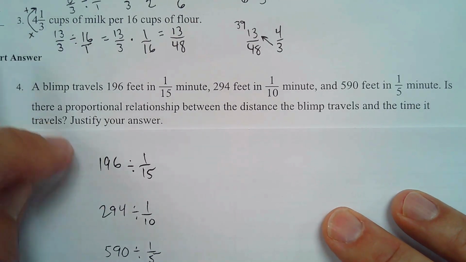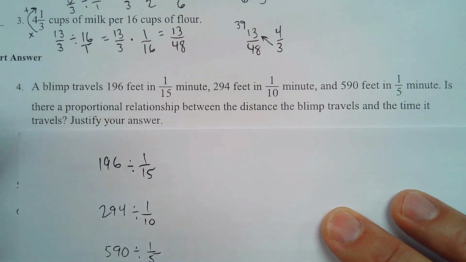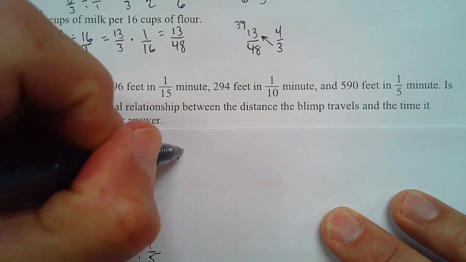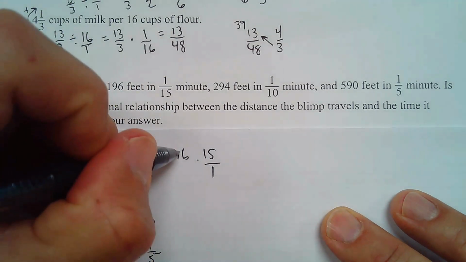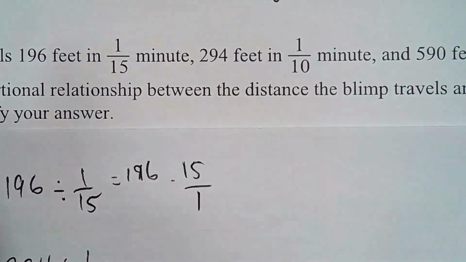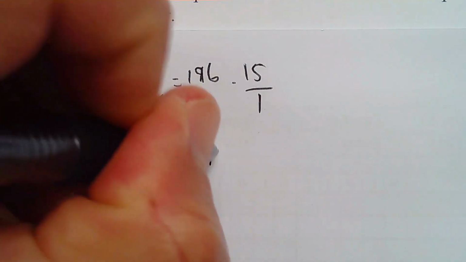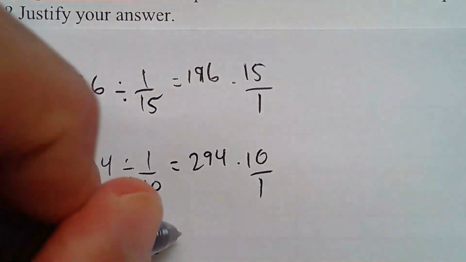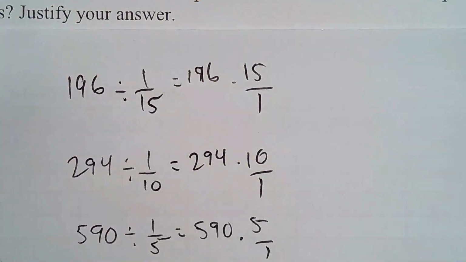Is there a proportional relationship? If these rates are all the same, then it's proportional. So that's 196 times 15/1, and this is 294 times 10/1, and this is 590 times 5/1.